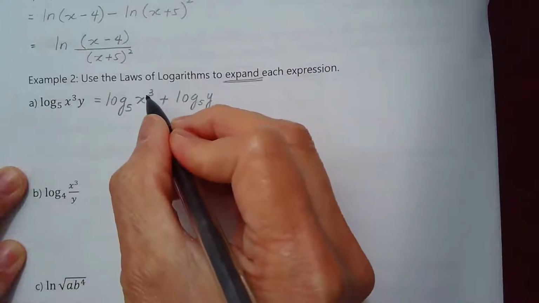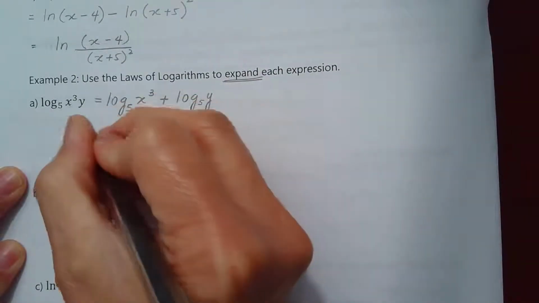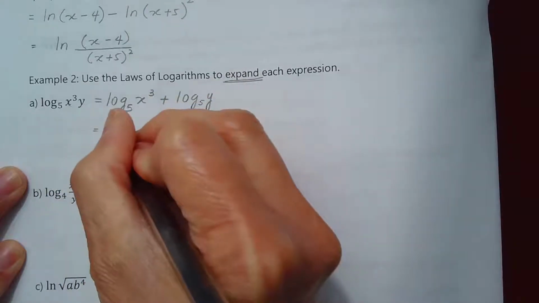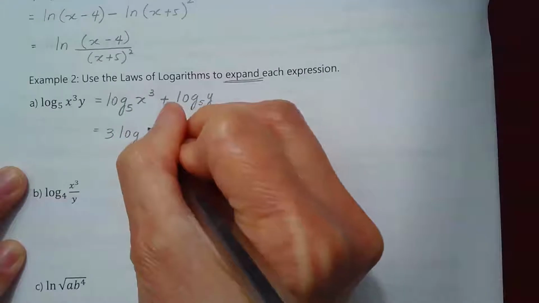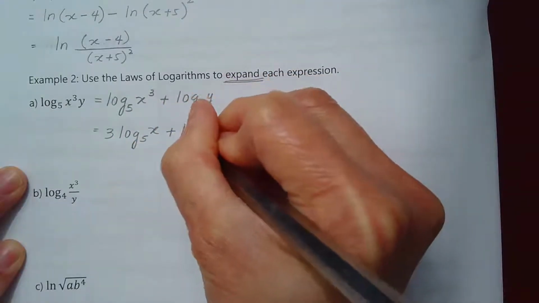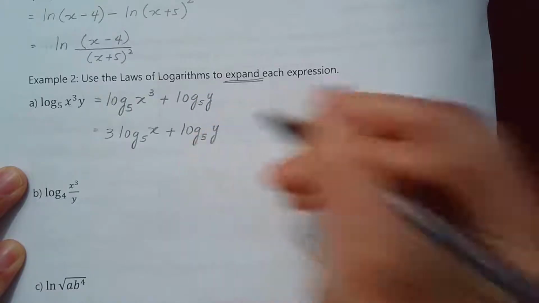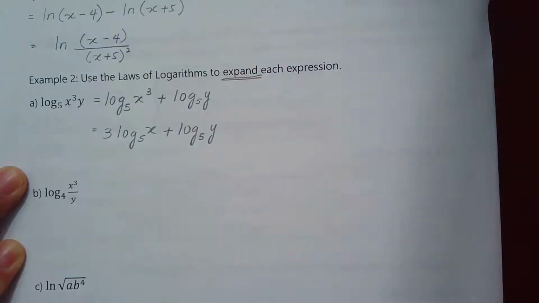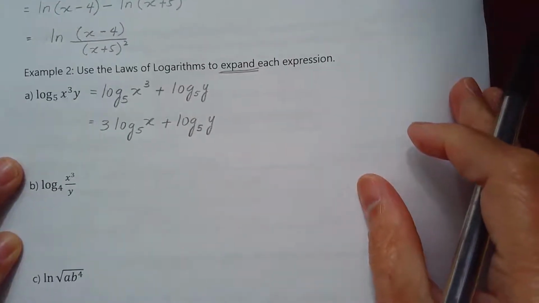Now, another thing I can see here is that this is x cubed, so we can expand that even more and say it's going to be 3 times log of x base 5 plus log of y base 5. And that's about it. Okay, we can stop right there.